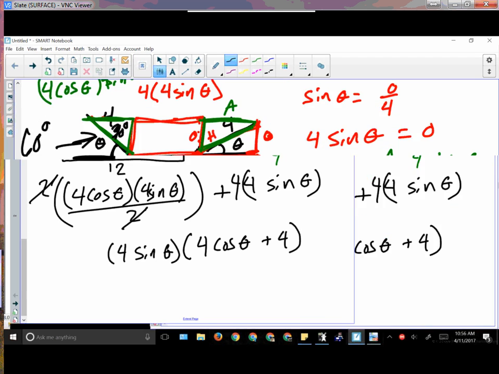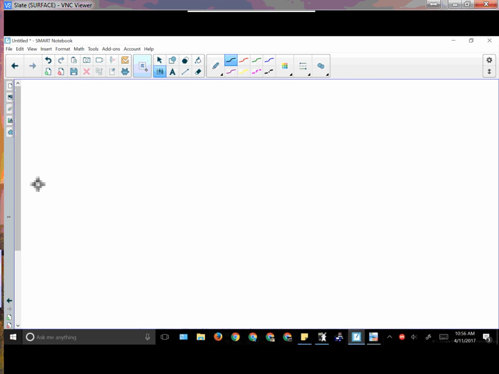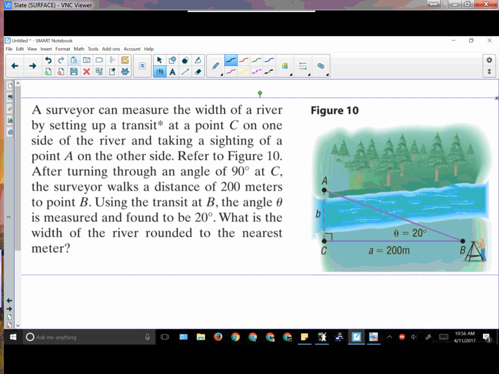Again, we're taking a look at the applications of this stuff. Where can I use it? How can it be used? Now, a surveyor can measure the width of a river by setting up a transit at point A on one side of the river, sighting at point A, then turning through an angle of 90 degrees at C. So he's got his point set at 90 degrees.